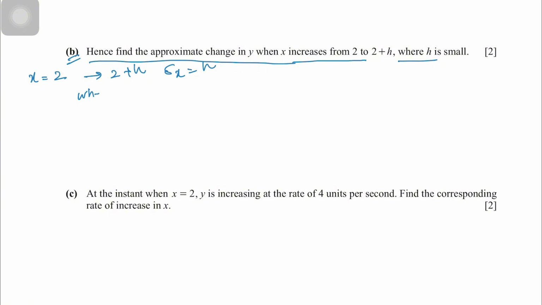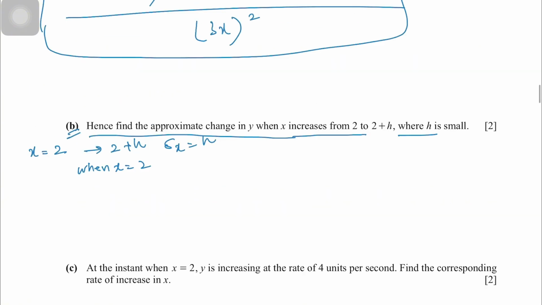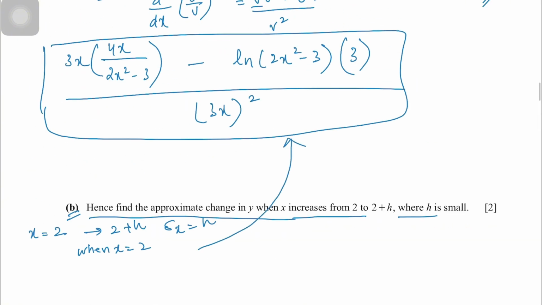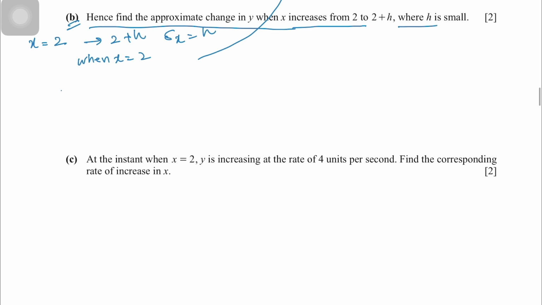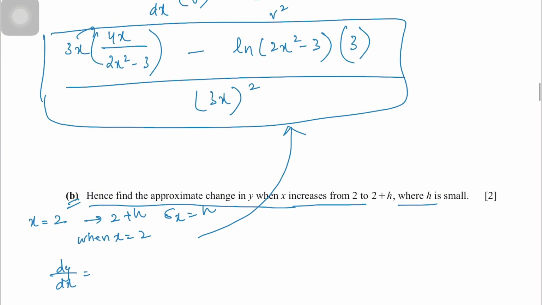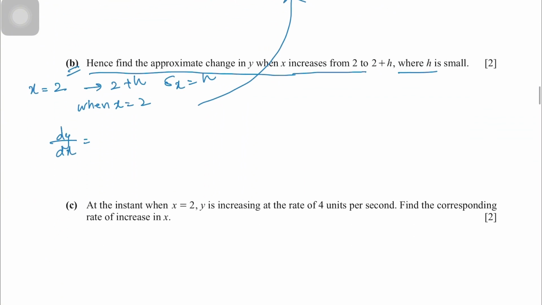Now when x equals to 2, we have to plug in this x equals to 2 over here. So we get our answer as dy by dx as, this can be multiplied and this can be multiplied. I'm writing the answer directly.